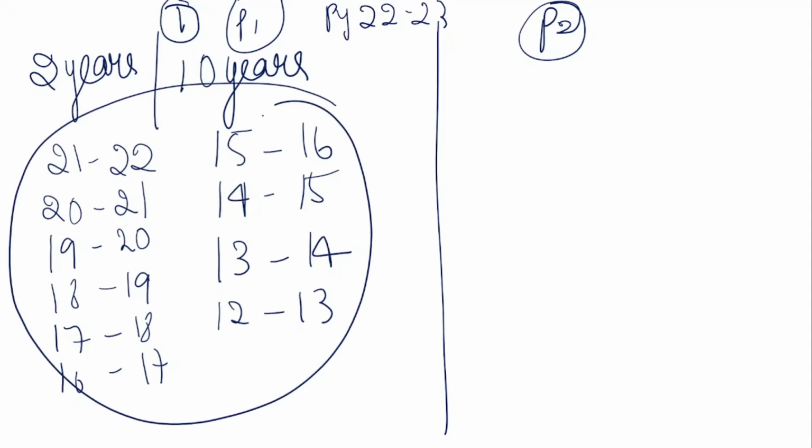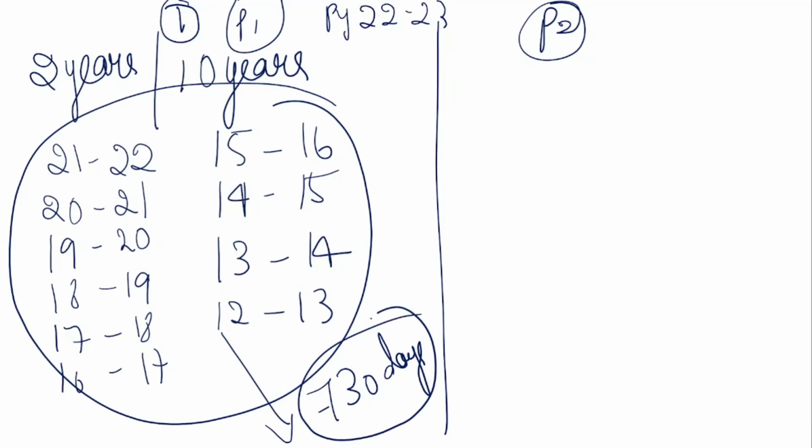If I add all this, he should have stayed in India for 730 days. Okay, this is condition part A.